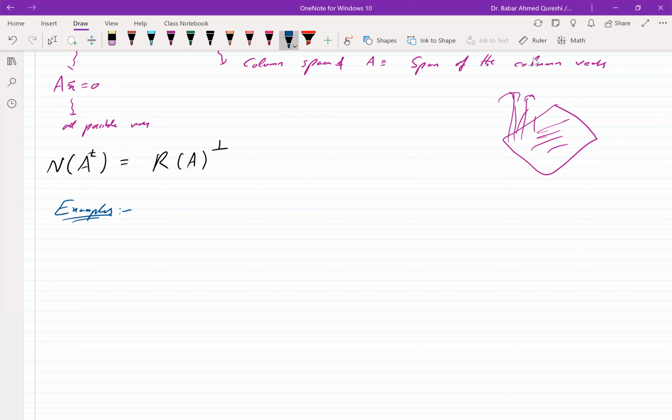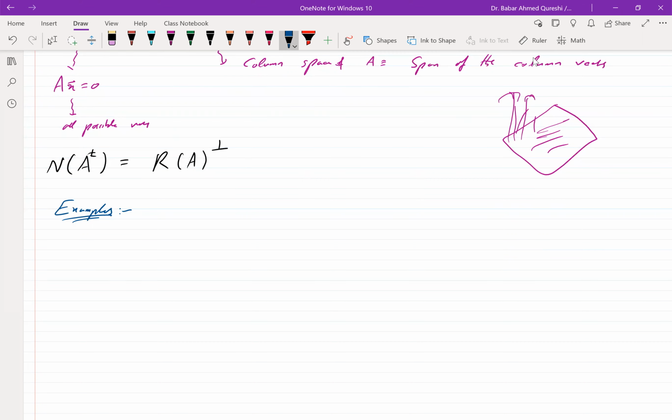It's a very useful theorem because it helps you compute the null space if you know the column space, and you can compute the null space using the column space and the other way around as well.